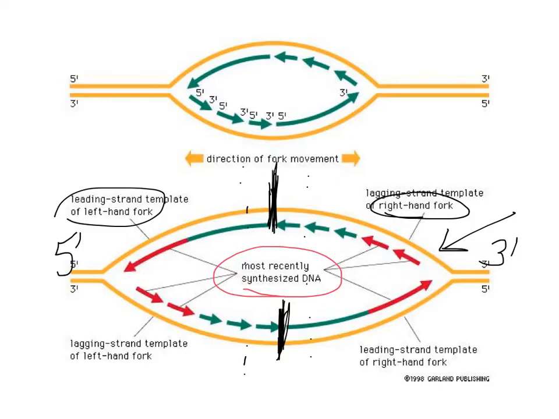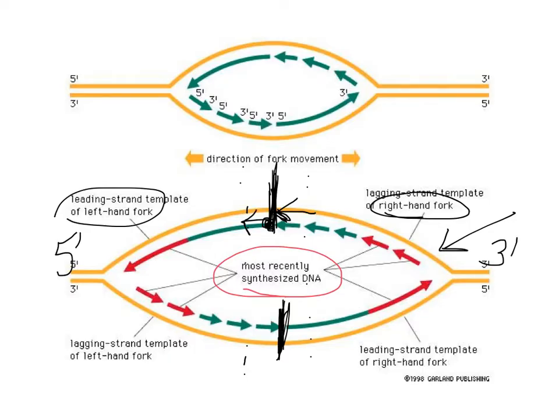Now, we talked in the previous tutorial about why the first arrow on the right-hand fork would go from 5' to 3' in that direction. Now, it would also occur in the same direction, for example, on the left-hand fork. It would still start here, where I'm drawing the circle, and go in that direction.